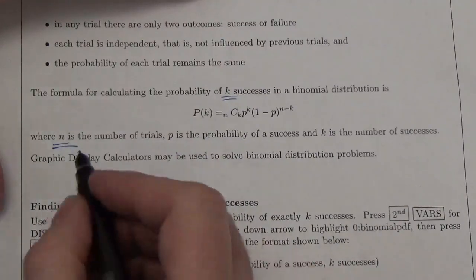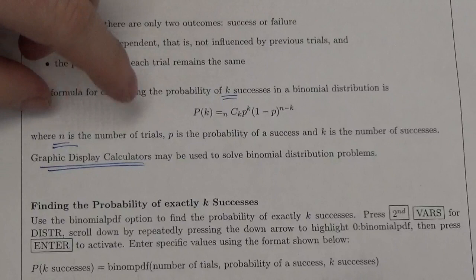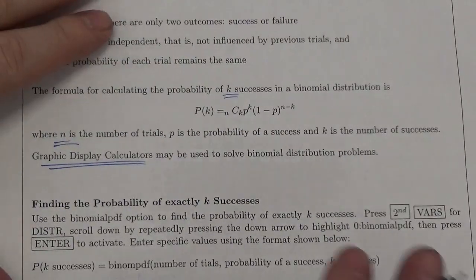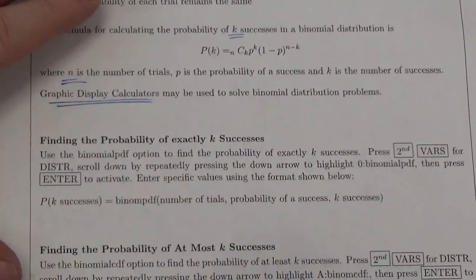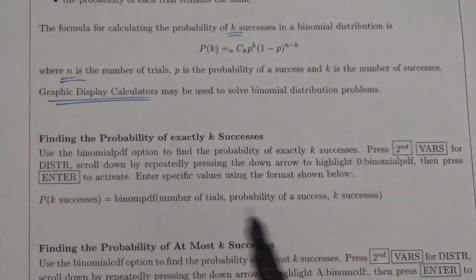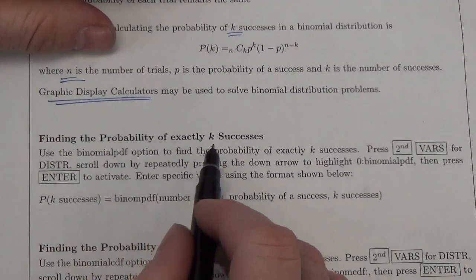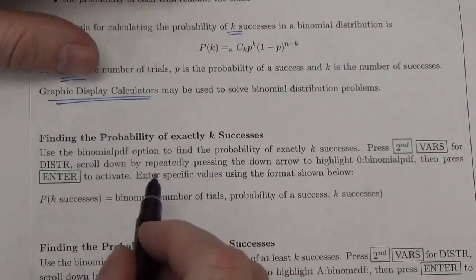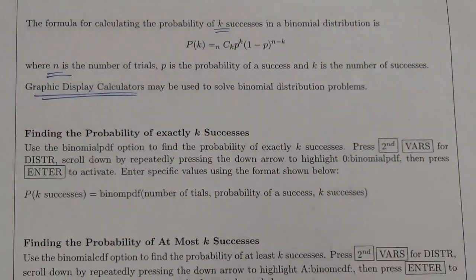Now, because we've got these graphic display calculators, most of us have calculators with some preloaded programs on them, so we can expedite that work a little bit, because the calculator has that feature in its memory. If you want to find the probability of exactly k successes, we're going to use a function called the binomial PDF. It's in the same spot where we found the normal CDF and the inverse norm.